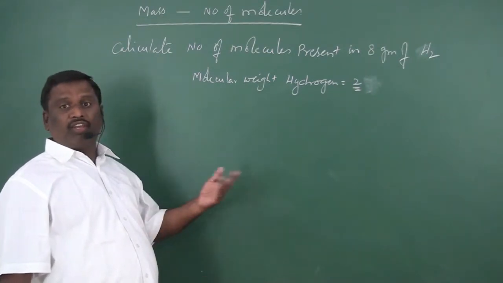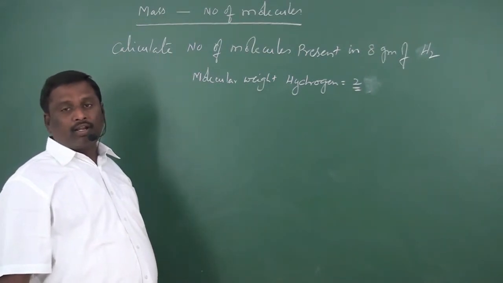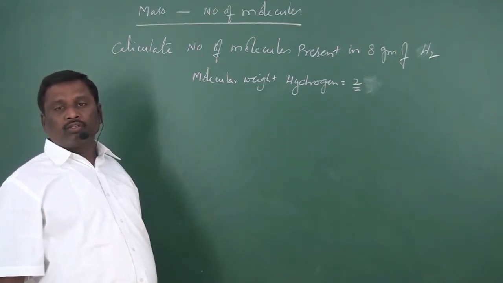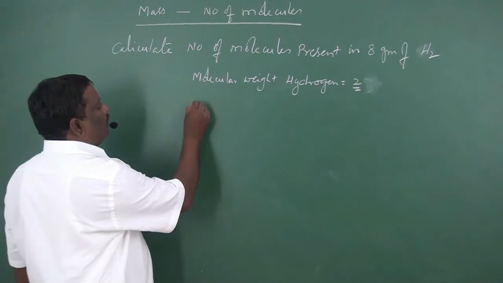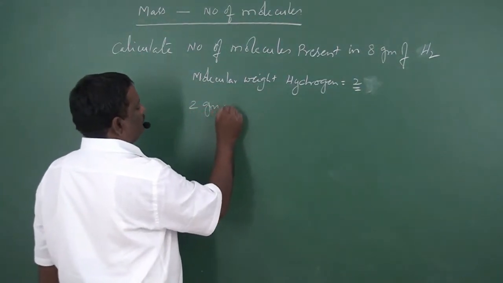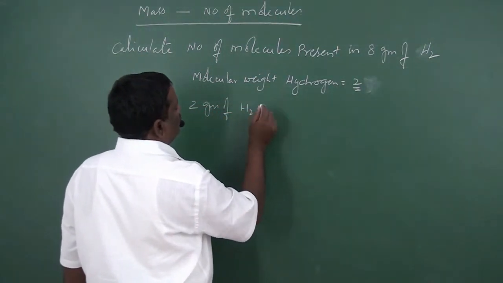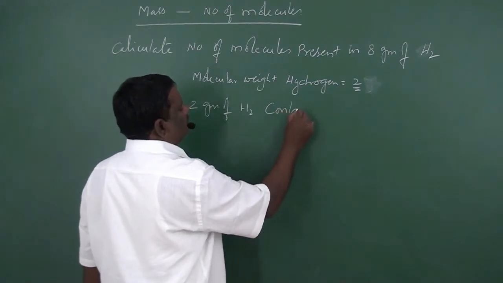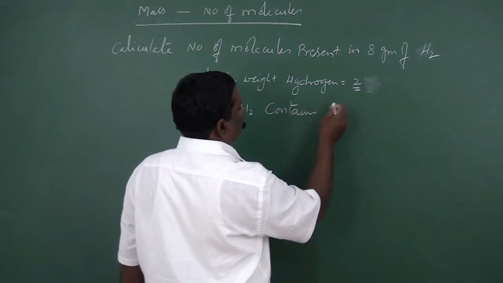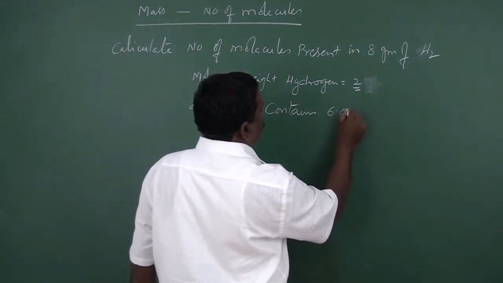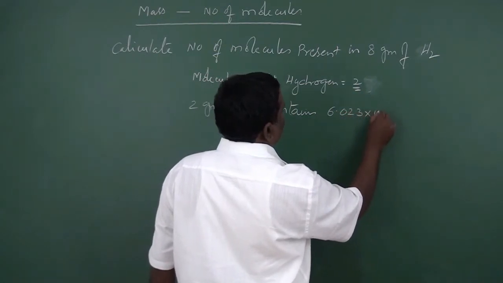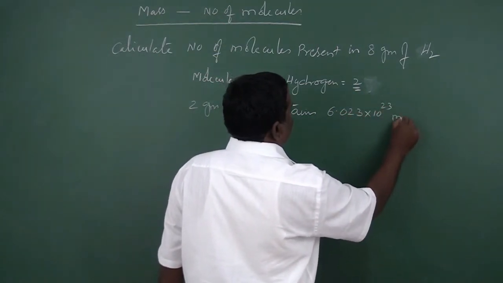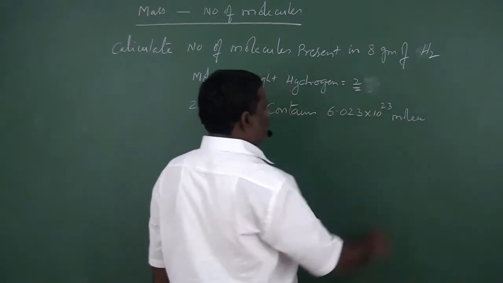We know that 1 mole of any gas will contain Avogadro number, that is 6.023 into 10 to the power 23 molecules. So here 2 grams of H2 contains 6.023 into 10 to the power 23 molecules.